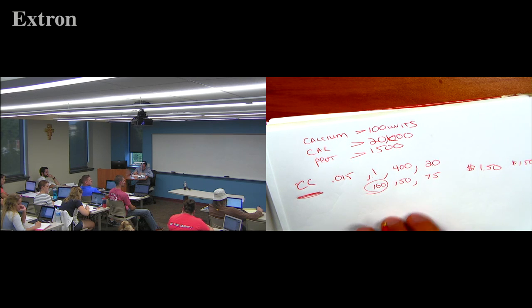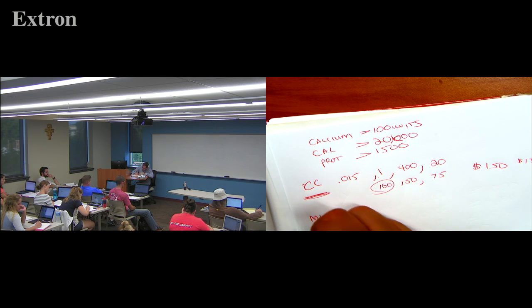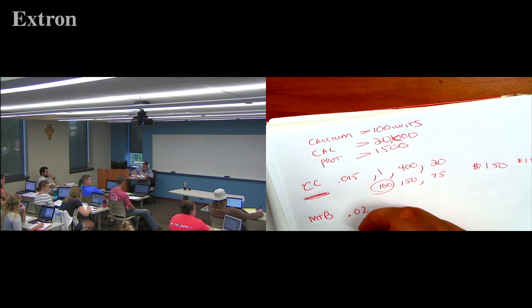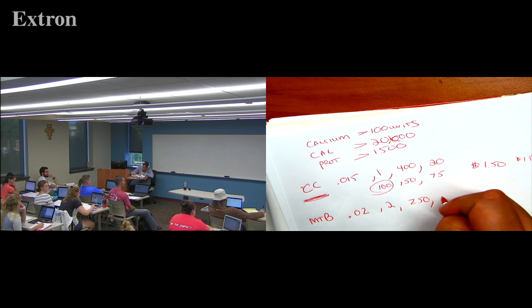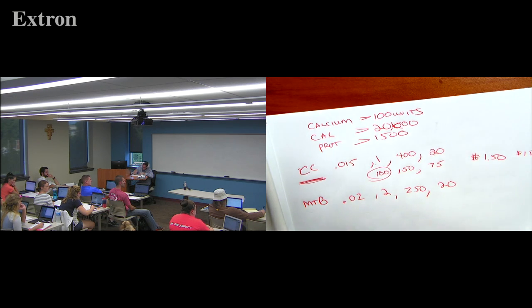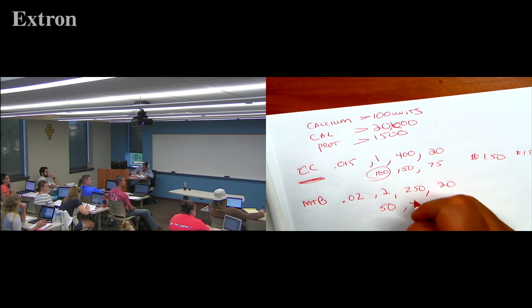Okay. If we fed them just the Mootown buffet, it costs 2 cents, and we get 2 units of calcium, 250 calories, and 20 units of protein. So that would be 50. That would be, what's that, 40, and that is 75.